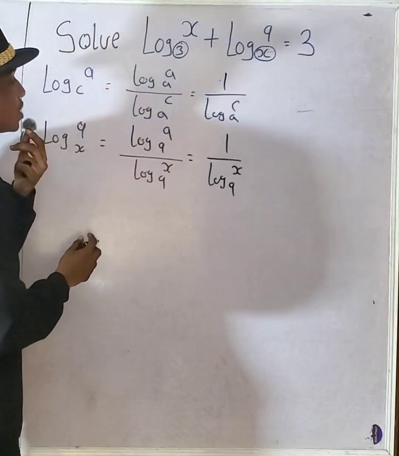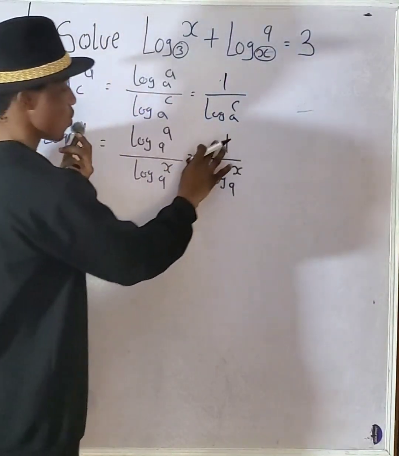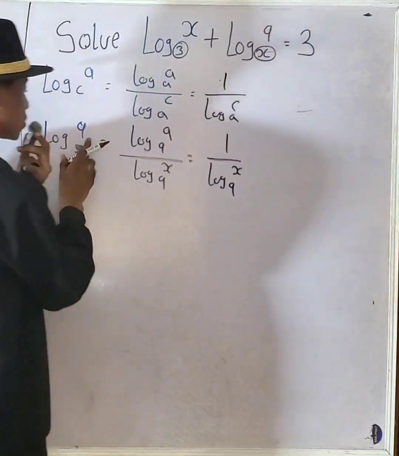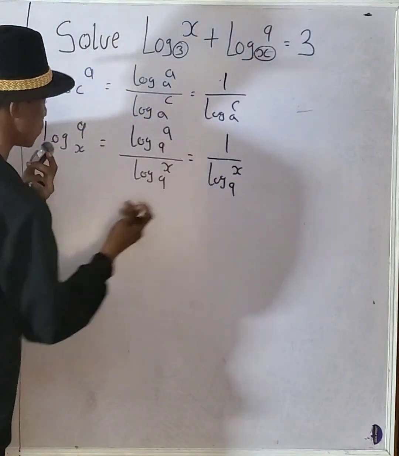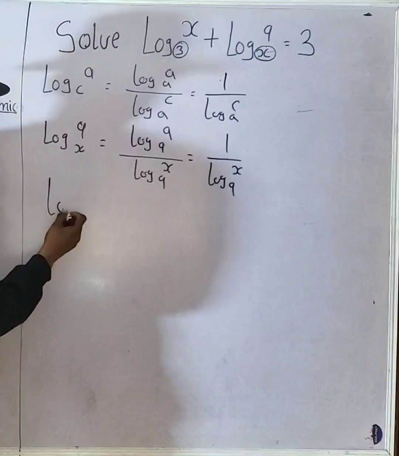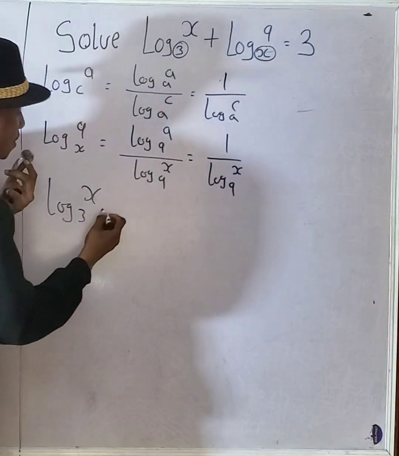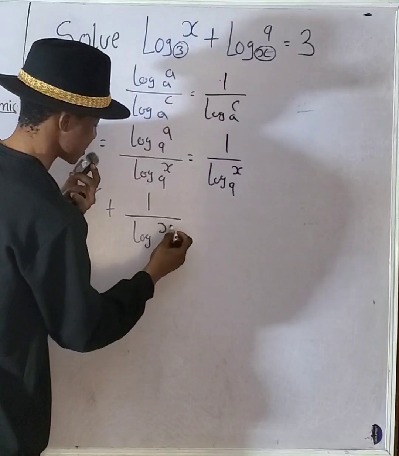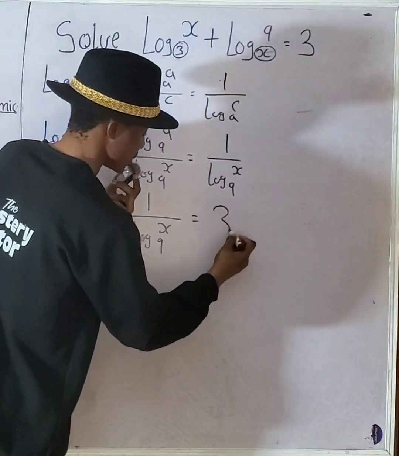So I'm going to replace log 9 base x as 1 over log x base 9. Do you understand? So let's go back to the question. Here I'm going to have log x base 3 plus 1 over log x base 9 equals 3.